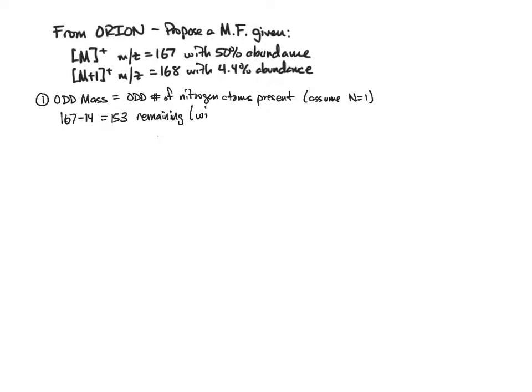And so that will contain carbon, hydrogen, and any other elements. So our second clue here, we can rule out chlorine and bromine because in the data we're not given any M+2.